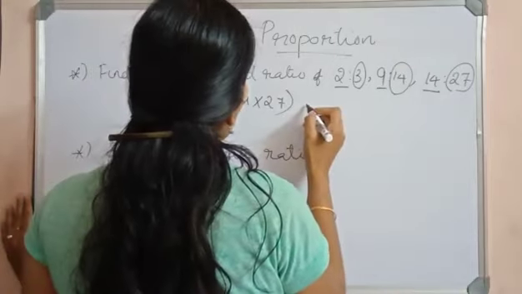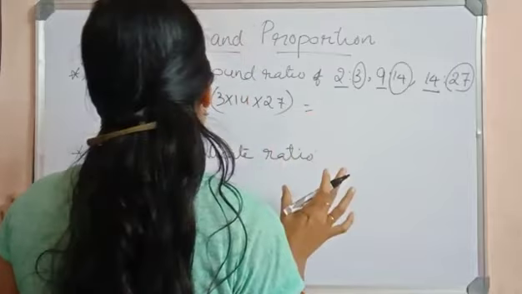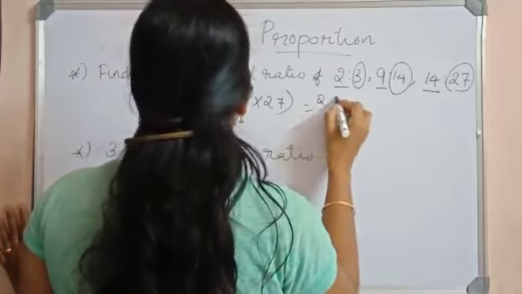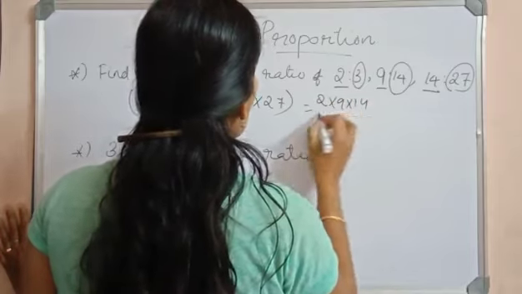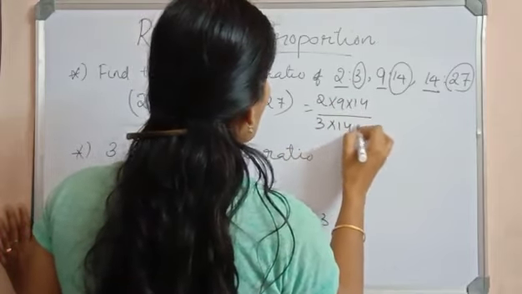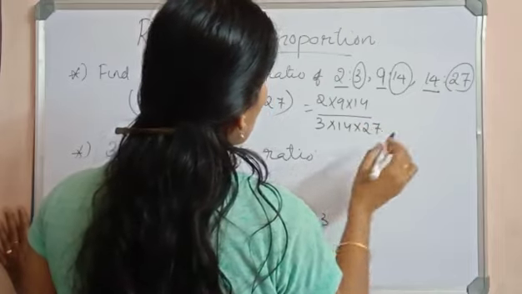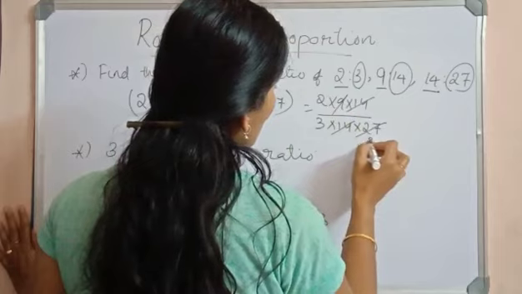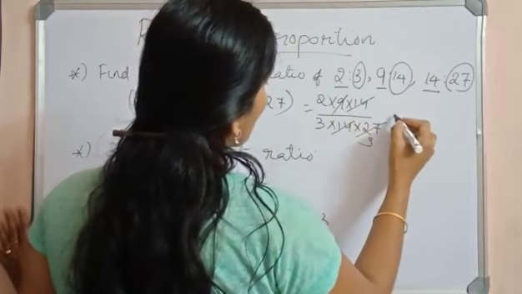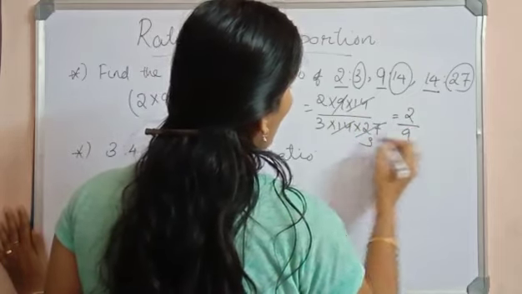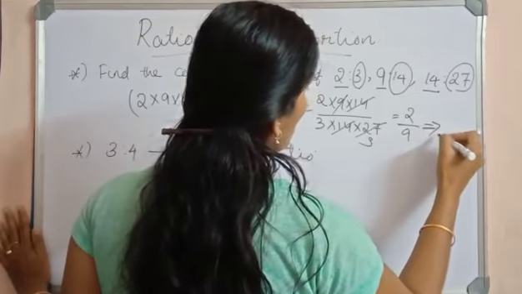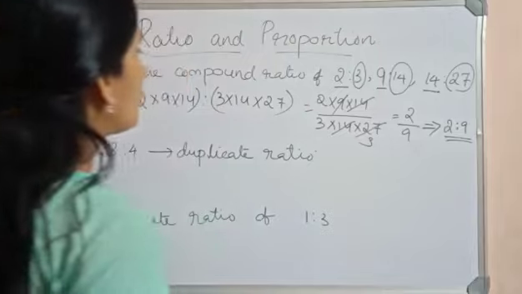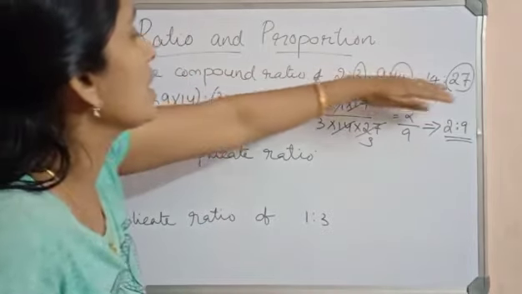And we know that a ratio is always expressed in the simplified or lowest form. So 2 into 9 into 14 divided by 3 into 14 into 27. Now simplify the terms. 14 cancels, 9 3s are 27, and we get the remaining terms as 2 by 9. Therefore the ratio is 2 is to 9. This is the compound ratio of these three given ratios.